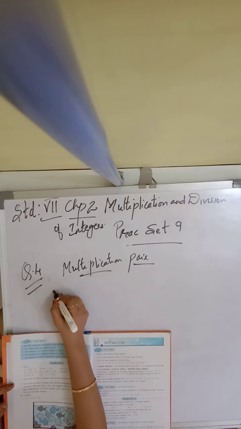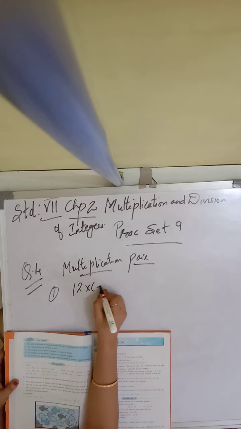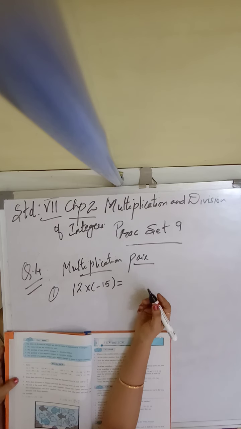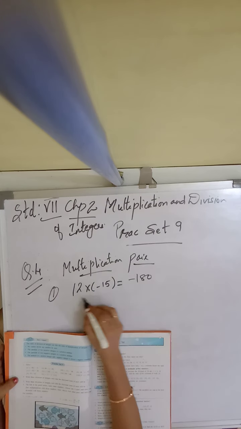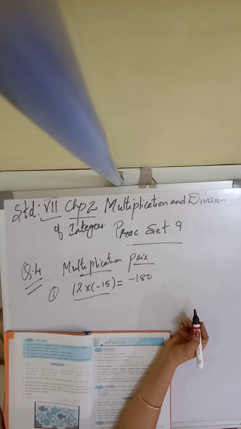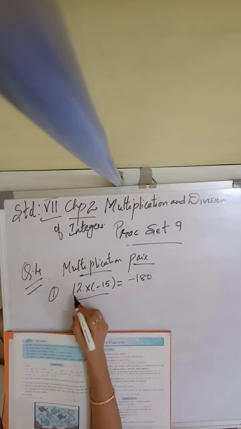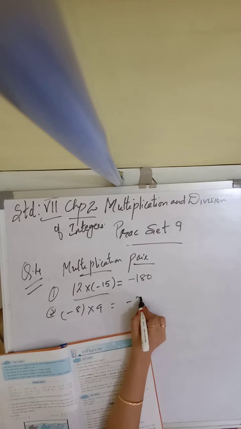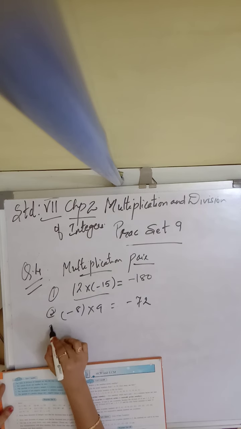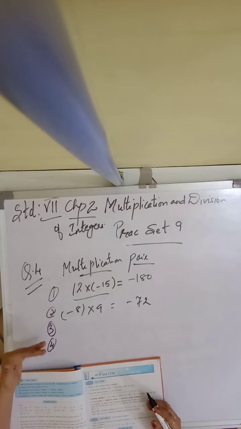So suppose I am taking one example, 12 into minus 15, and that is equal to, when you multiply, your answer will come, I think, minus 180. Clear children? So this is the pair of multiplication. I can go for a second, minus 8 into 9, that means minus 72. So this way children, you will frame your own questions. Now I have framed 2 questions, others you are going to frame, third and fourth.